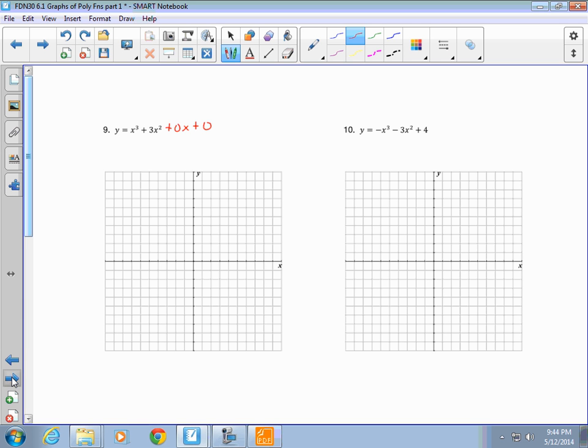So the first point that you're going to see is going to be here at negative 3, 0. And the graph is going to go up 4 and over 1. And then it's going to go over 1 down 2 through the origin and then back up. So 1, 4. So it's going to be kind of this type of behavior.